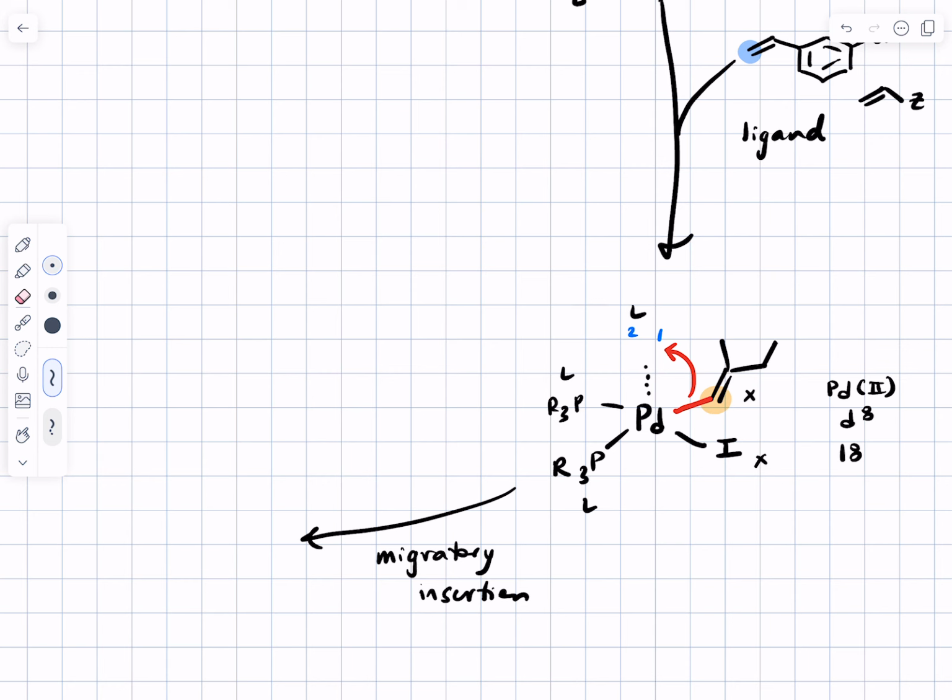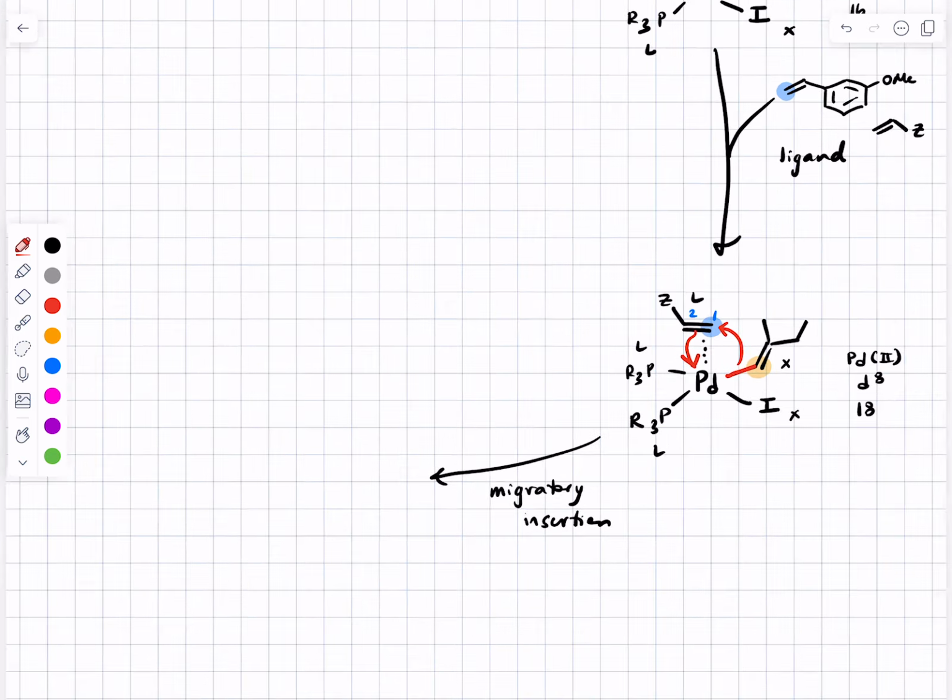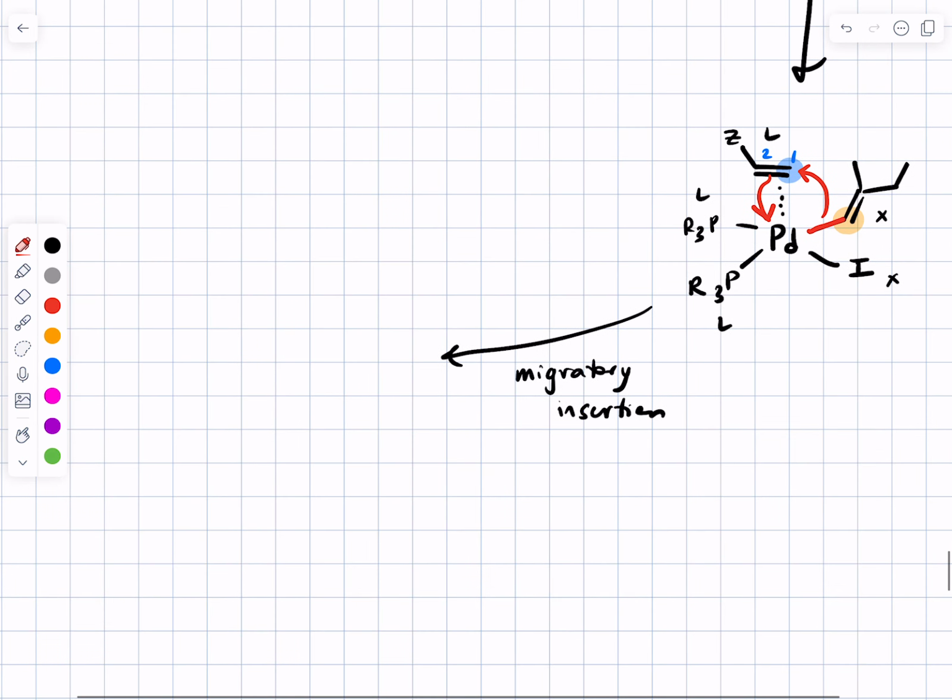And maybe I need to redraw the olefin just here are the pi electrons. So we're going to form a new bond between blue 1 and the orange vinyl carbon. And at the same time, those pi electrons that were coordinating palladium in the first place are going to make a new bond between blue 2 and palladium.